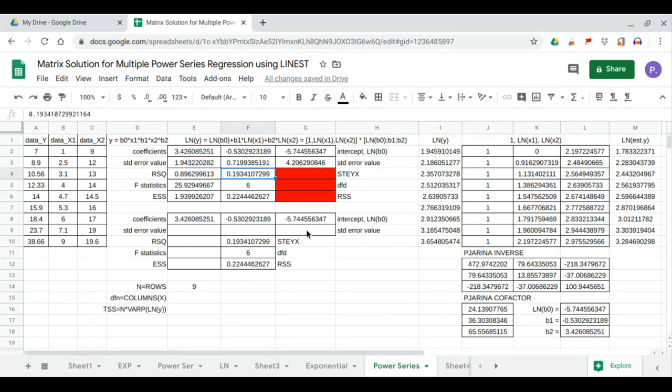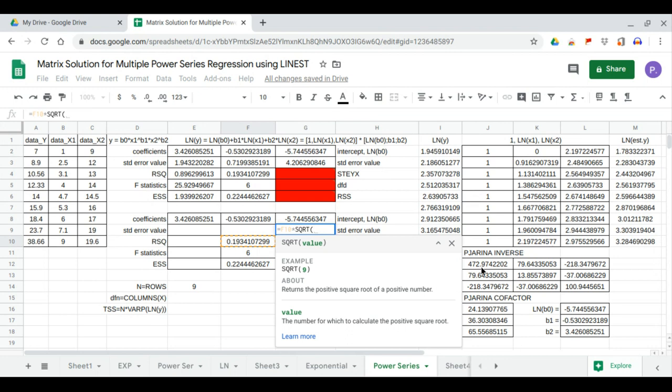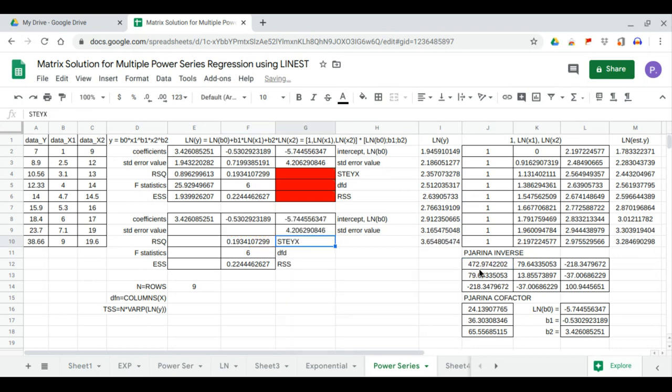Now we can calculate the standard error value of the intercept, which is equal to STAX times square root of the Pijorina 1, which is 4.206, matches our LINEST output.